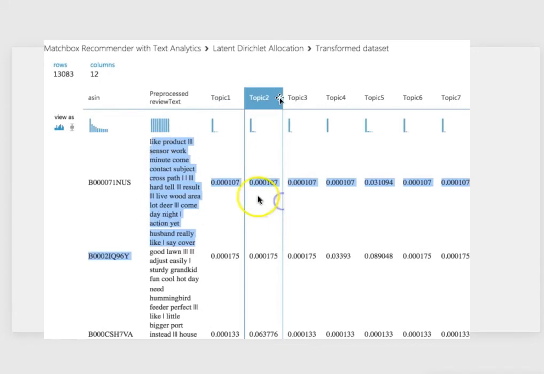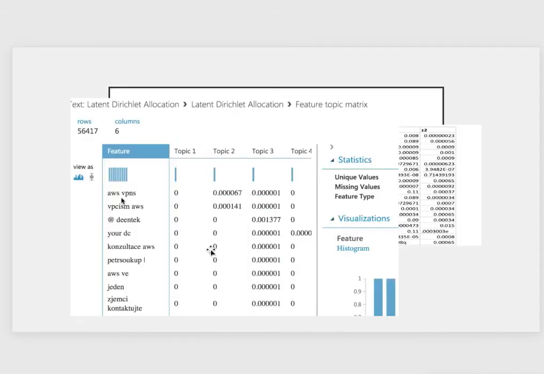We have different topics in here, and for one document, we have different probabilities of different topics within that document. For example, topic 2, we have this as the percentage, the probability that appeared in this particular review.